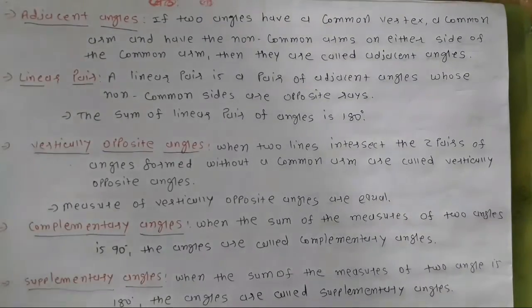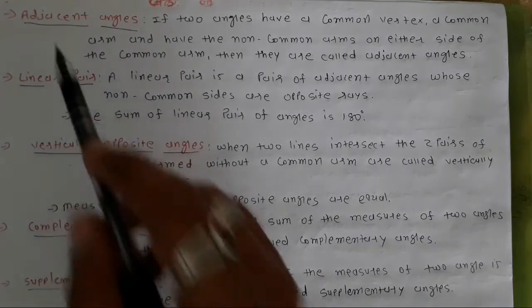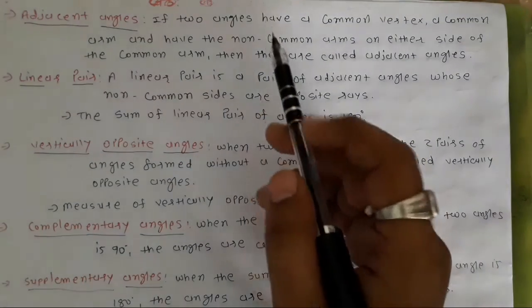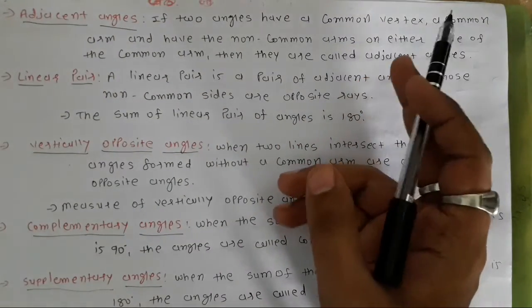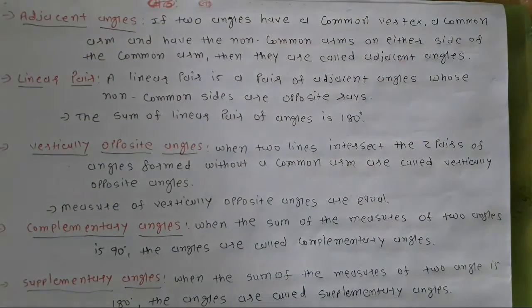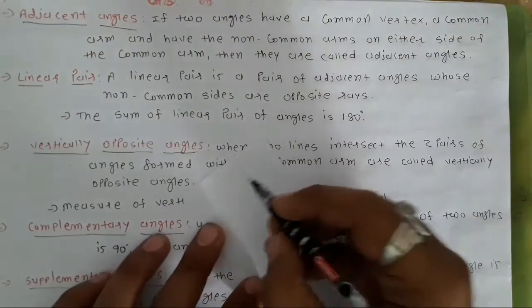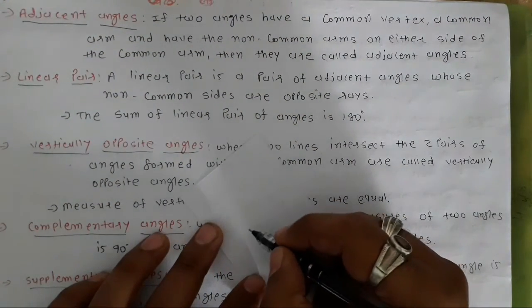Now the next one, which is most important, is the adjacent angle. What is an adjacent angle? If two angles have a common vertex, a common arm, and have the non-common arms on either side of the common arm, then they are called adjacent angles. First of all, what is a vertex?